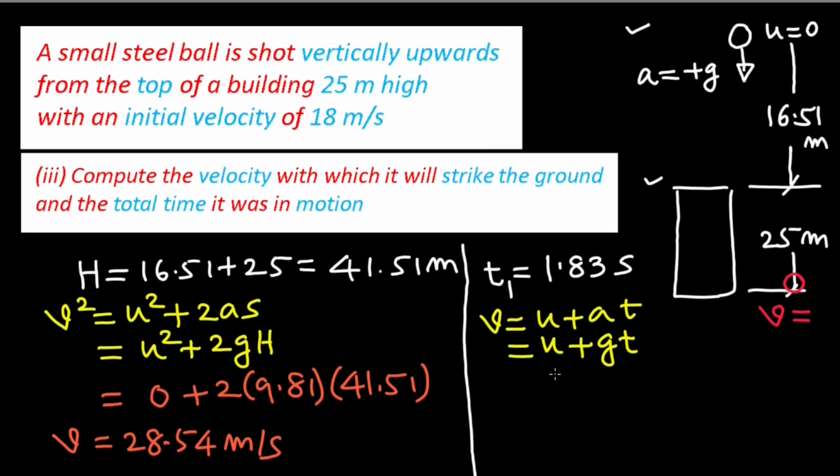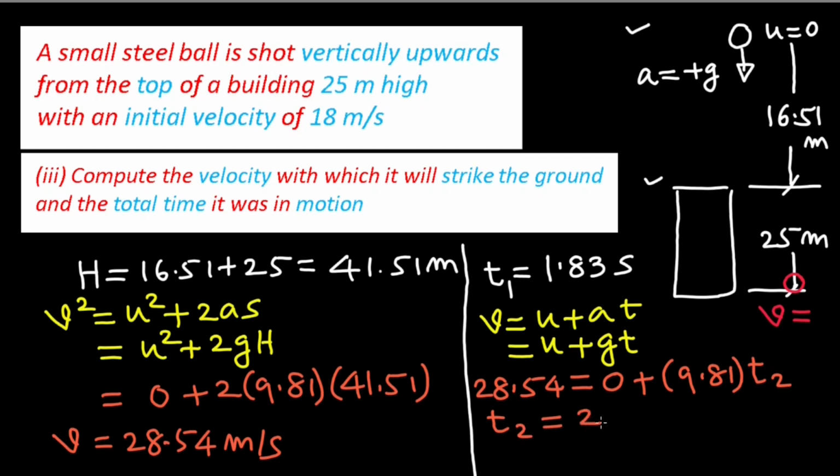Now we will substitute the values. V is 28.54 equals u is 0 plus g 9.81 into, let the second time be t2. This gives us t2 equals 2.91 seconds.